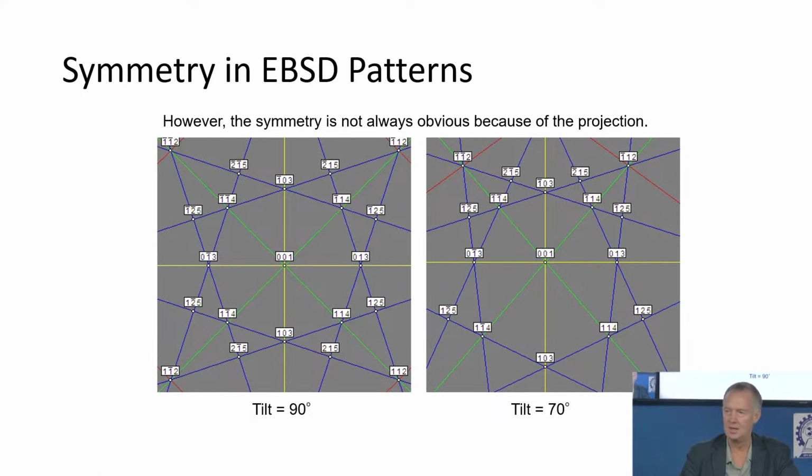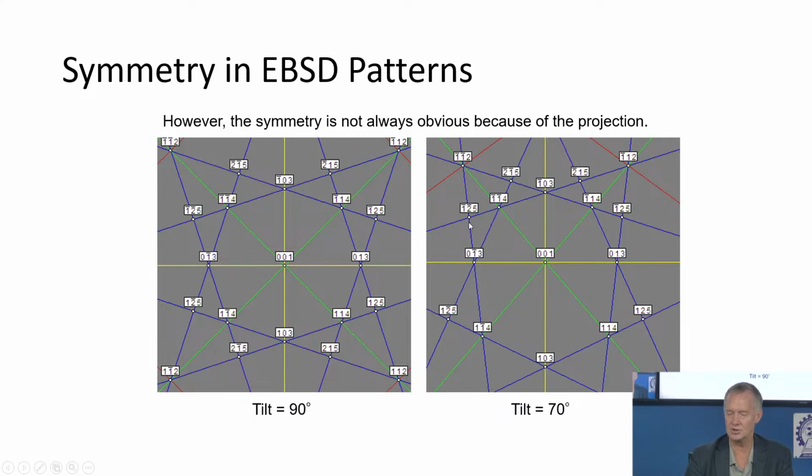Okay. When we look at EBSD patterns, typically we have the specimen tilted. Sometimes the phosphor screen is tilted, right? And so you don't always see the symmetry obvious. So for example, this little triangle here should look the same as this triangle, just a mirror across this green plane. And it should look the same as this triangle, which should look the same as this one, right?